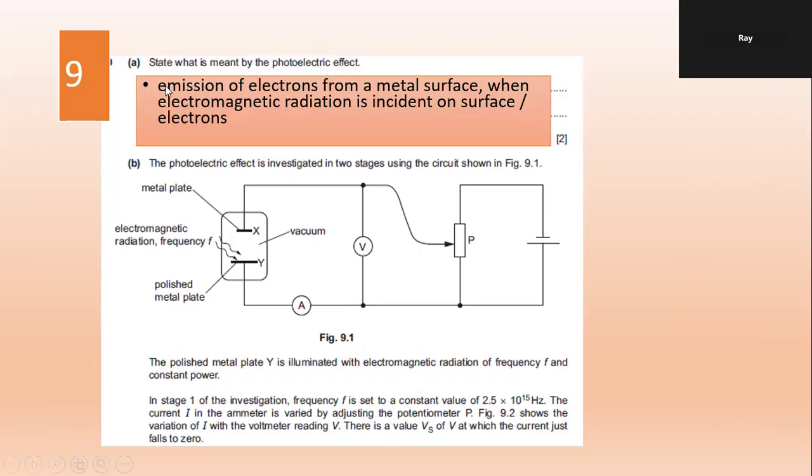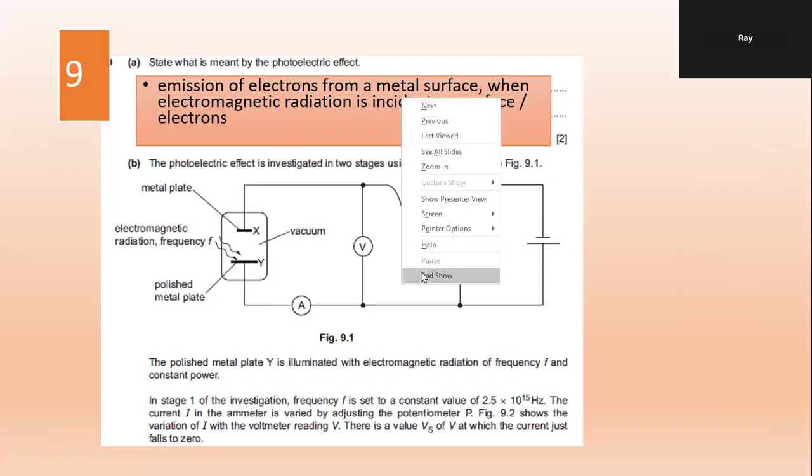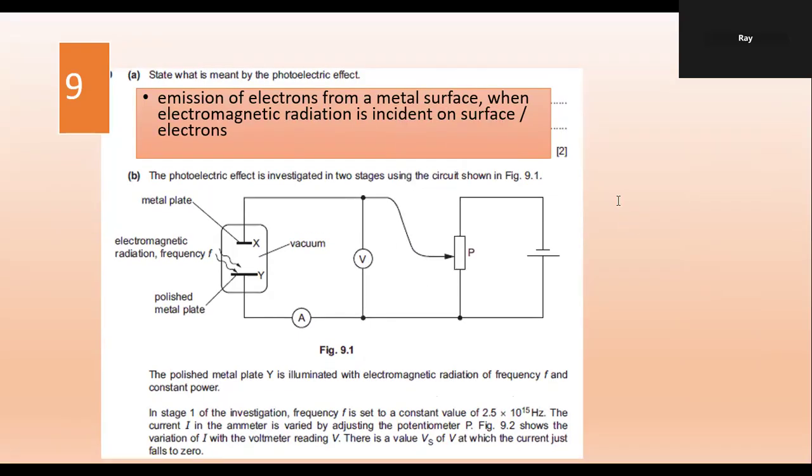No need for threshold frequency to come in. Emission of electrons from a metal surface when electromagnetic radiation is incident on the surface. Do you know why I put it this way?